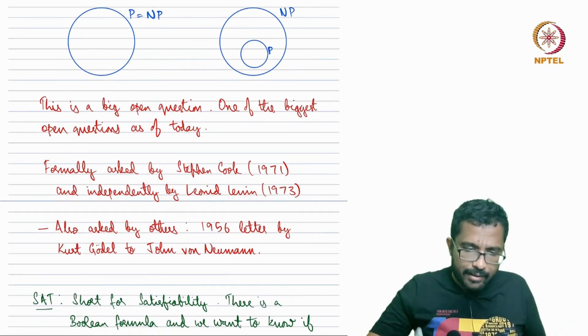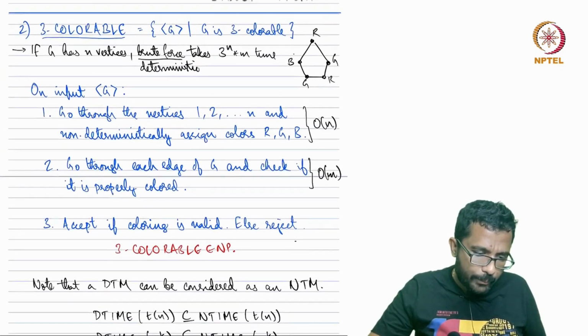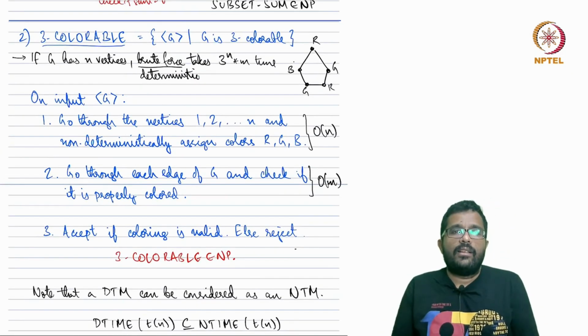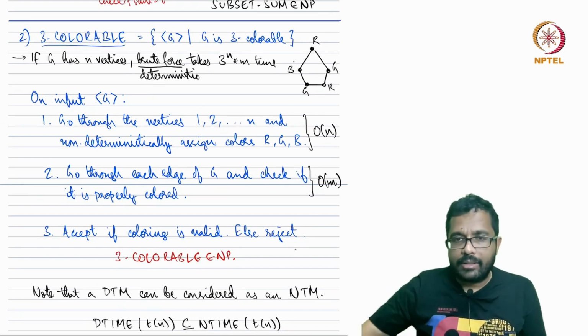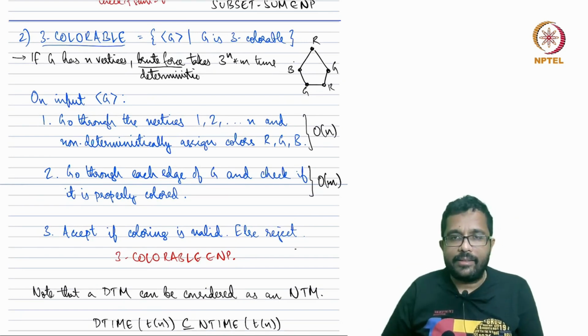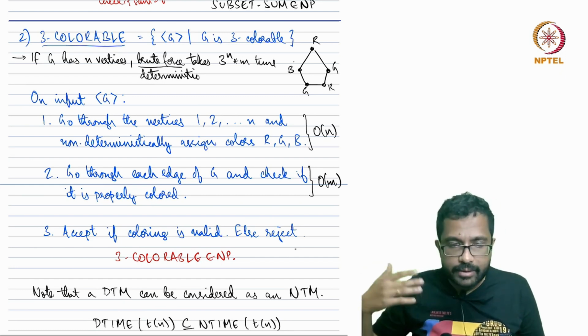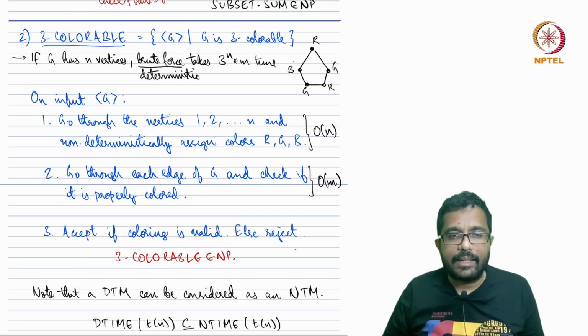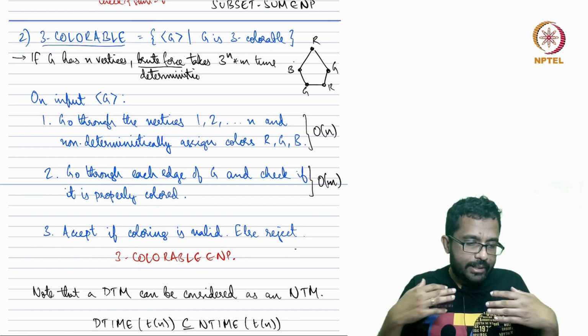So just to give a slightly more philosophical overview, if you look at three-colorability, a non-deterministic Turing machine is able to guess some coloring and verify it, whereas a deterministic Turing machine has to determine the three coloring in a brute force manner. One is about just verifying.